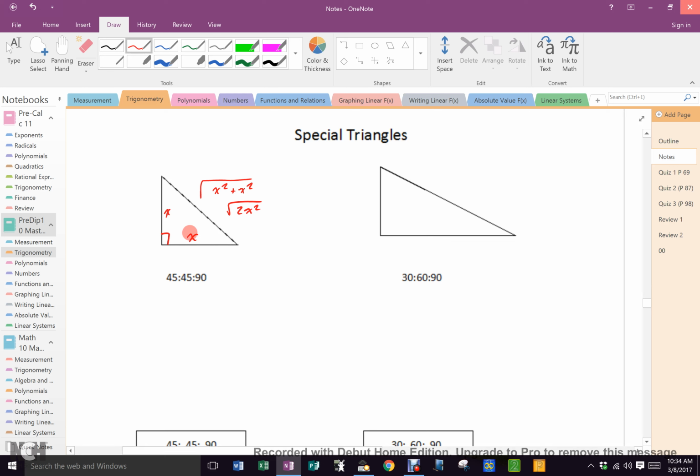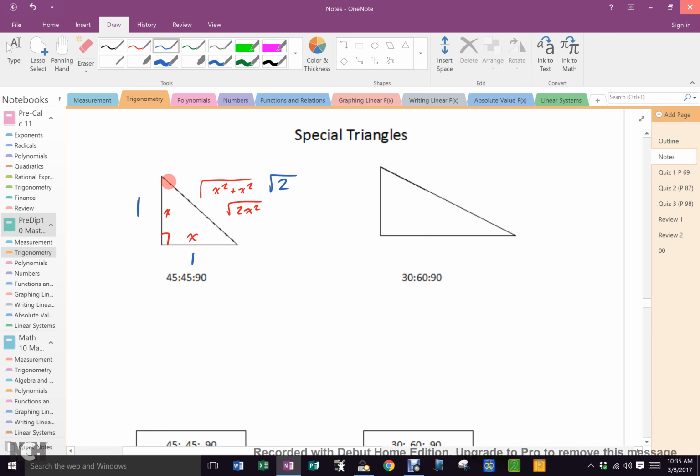If x is 1, then how long is this? 1. And how long is this? Root 2. Everybody cool? And what do we know about trig now?